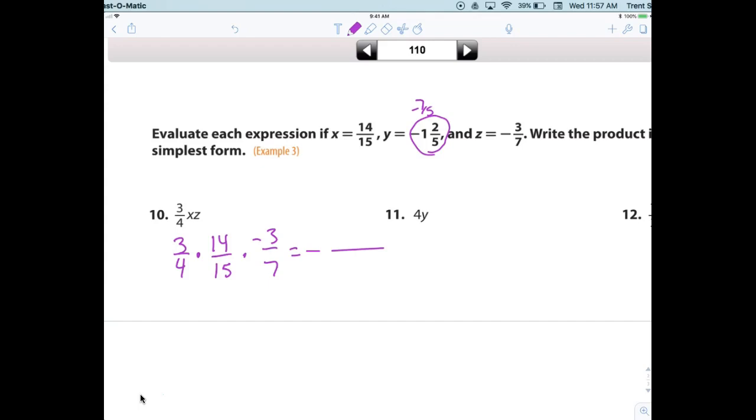You can make 3 and 15 into 1 and 5. Good so far. And the 14 and the 7, the 2. Anything else? Yeah, the 4 and the 2 and the 2. Beautiful. Now be careful. You do 3 over 10. Beautiful.